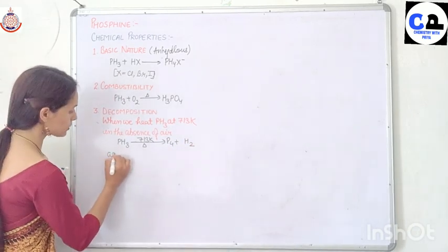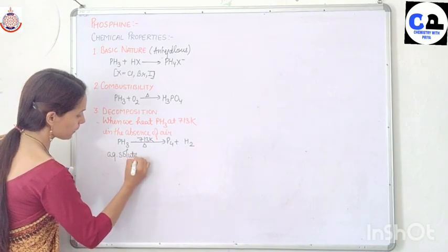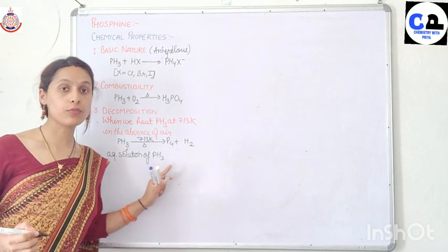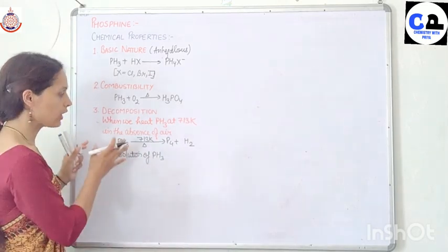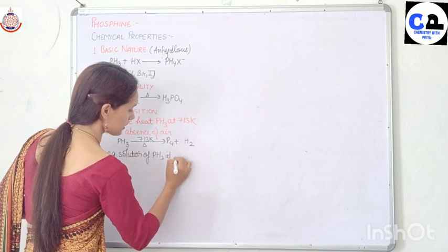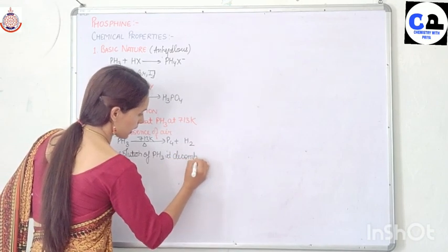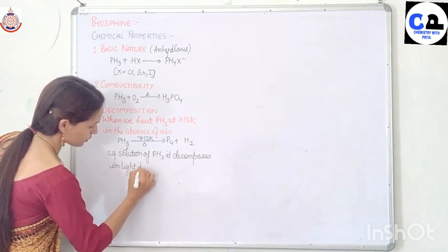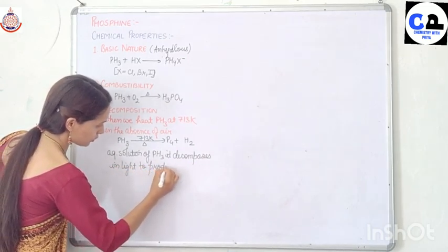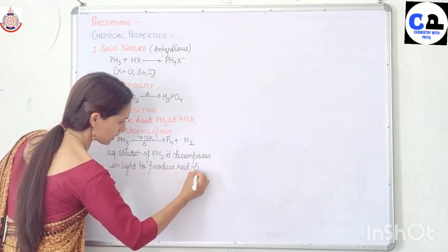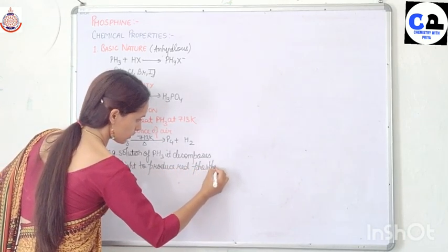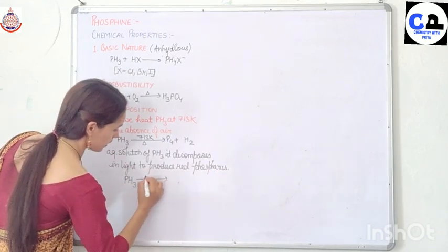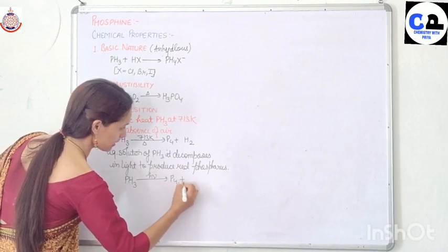But the aqueous solution of PH3 decomposes in light to produce red phosphorus. So the reaction becomes PH3 with light gives P4 plus H2.